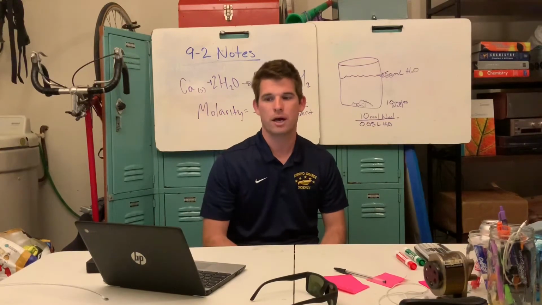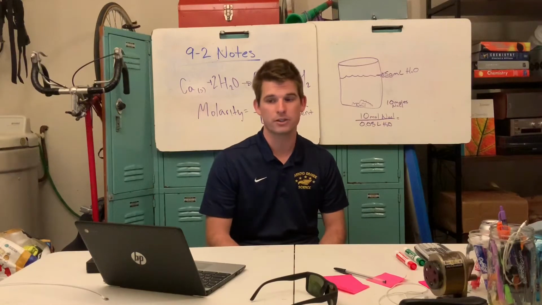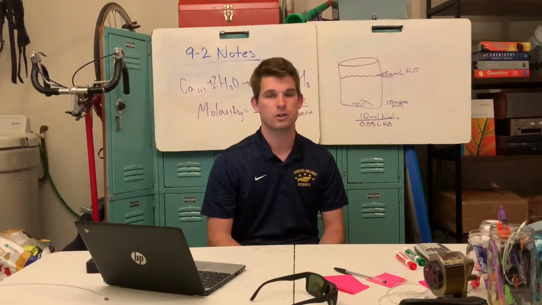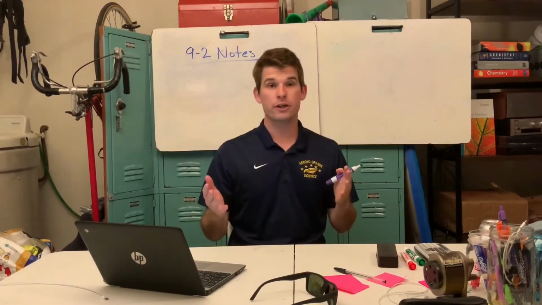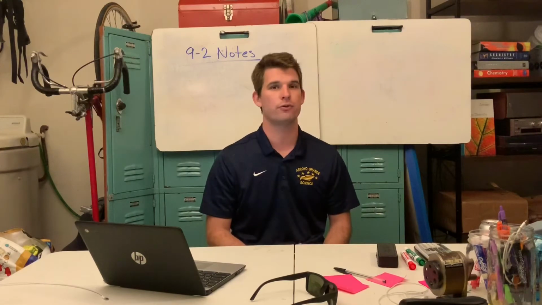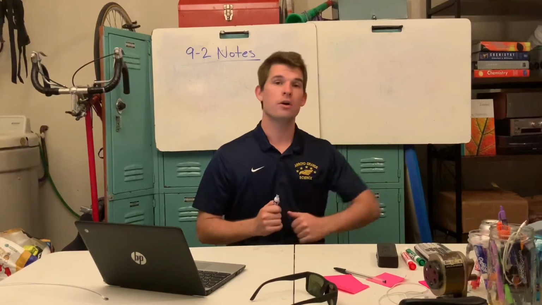How many grams of hydrochloric acid are in 100 milliliters of a 0.5 molar, that capital M is molar, solution? If you look at your notes, I have the conversion factor units laid out for you. We just have to figure out what numbers to put in where. So let's look at our whiteboard.